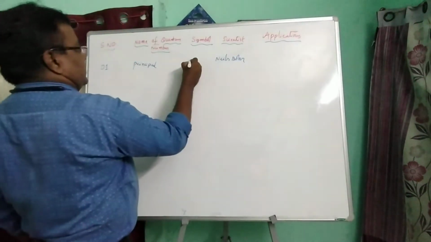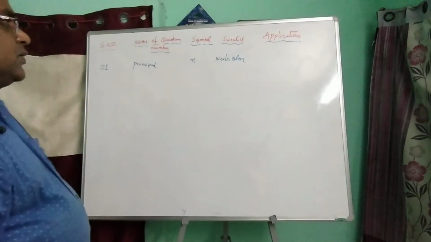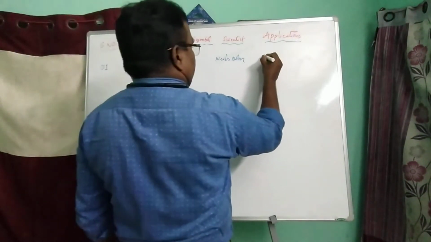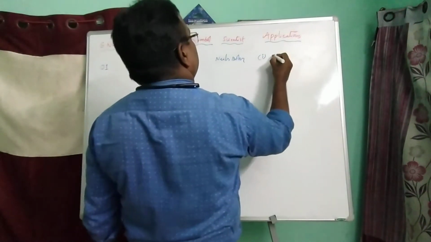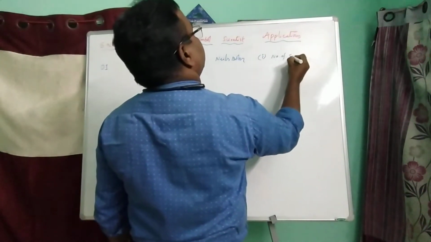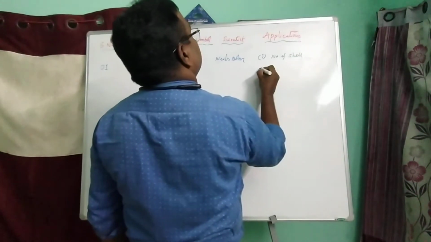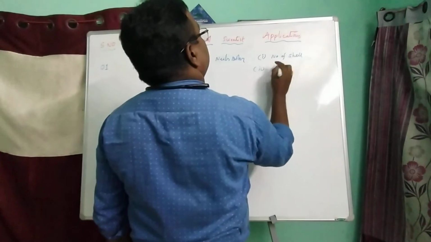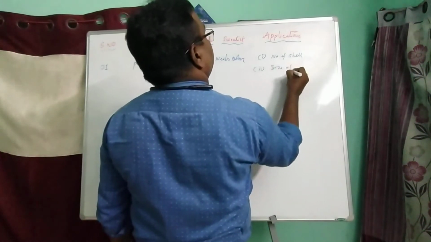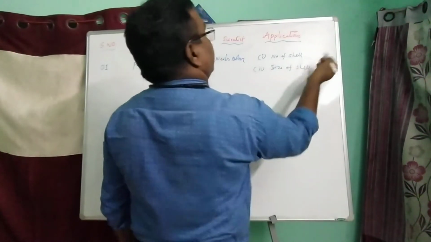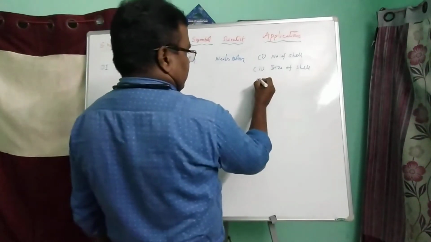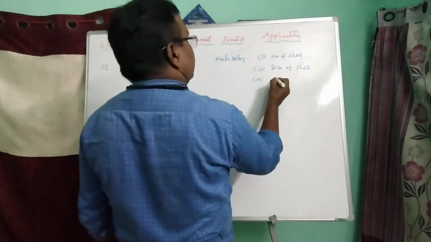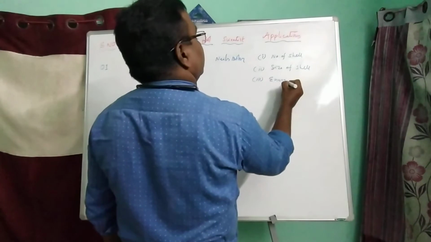Its symbol is N. Its applications and uses: first, it represents the number of the shell. Second, it represents the size of the shell, another name for shell being orbit. Third, it represents the energy of the shell.